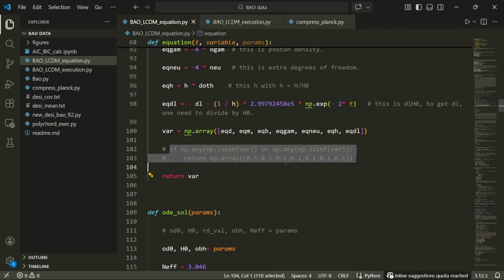Now this one is very interesting. When you try to solve your equations, let's say at a very high redshift or n is equal to minus 20, in some complicated models, because at every step it is generating certain points, the value of points can become infinity, or at some point it becomes 1 over 0.